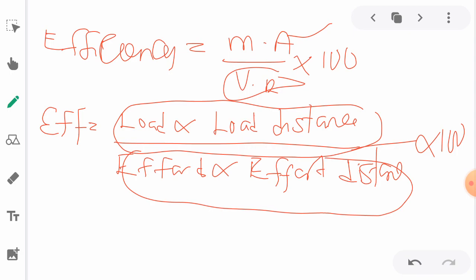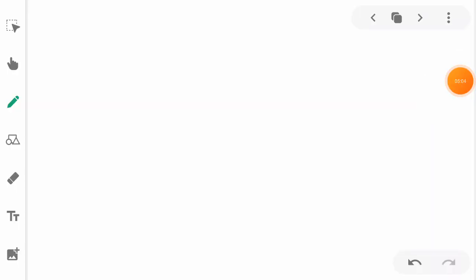Let's look at an example. Let's say a load of 400 newtons is being lifted by a crane through a distance. That is a load distance.